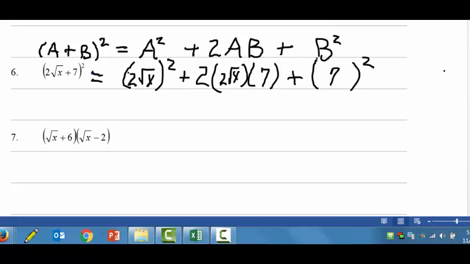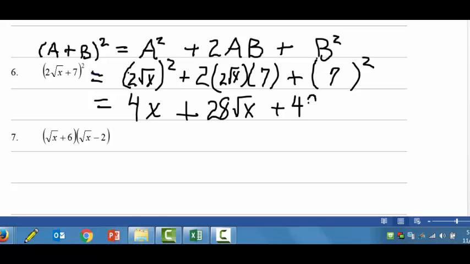So this is 2 squared is 4. The square root of x squared, as long as x is not negative, and we're assuming that all the variables are non-negative, is simply x, plus 2 times 7, which is 28, times the square root of x, plus the square of 7, which is 49. So this is my final answer on this one.